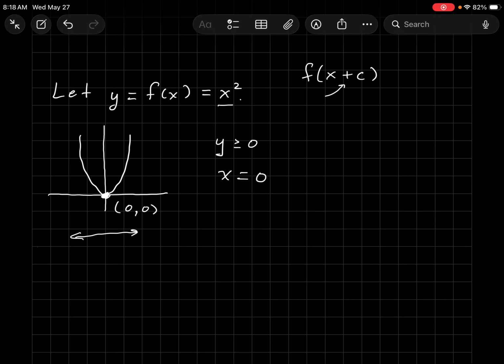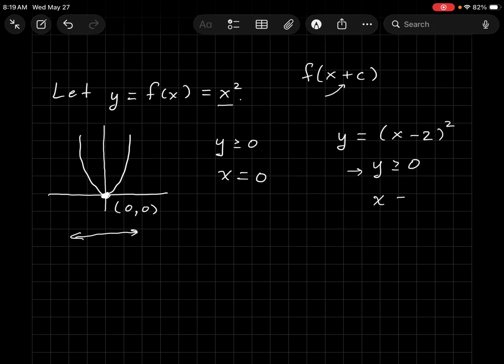How does that help us? Let's consider the graph y equals x minus 2, all squared. Once again, we have something that is squared, which means the y value must be non-negative. You can't square something and get a negative value, at least not with real numbers. Now, what value of x is going to give us our lowest point? That is, what value of x will make y equal 0?